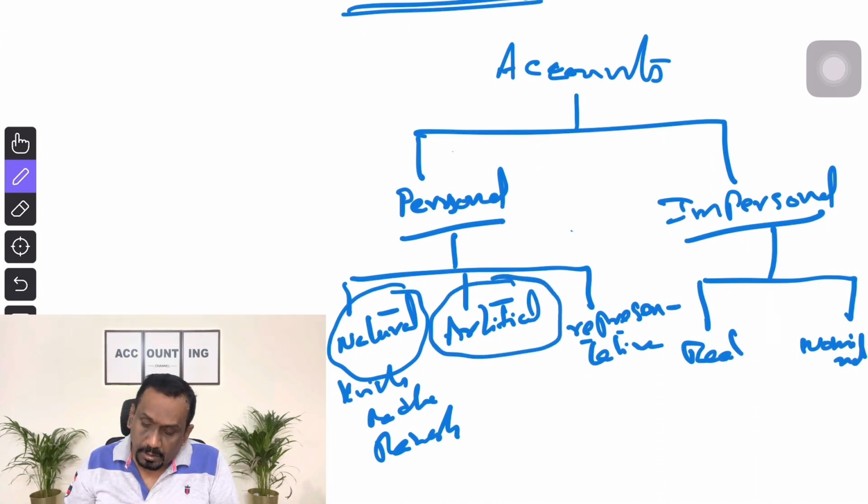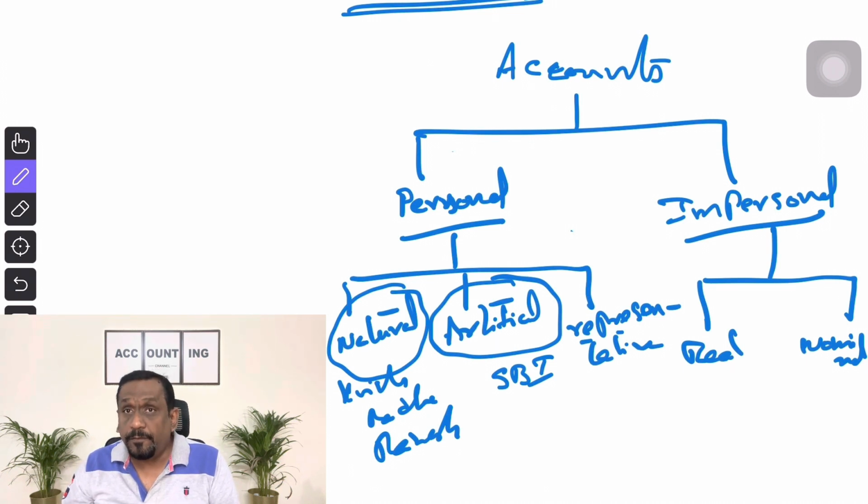Who are those artificial persons? Artificial persons are those persons created by natural persons. State Bank of India, artificial person, taxed as a person.